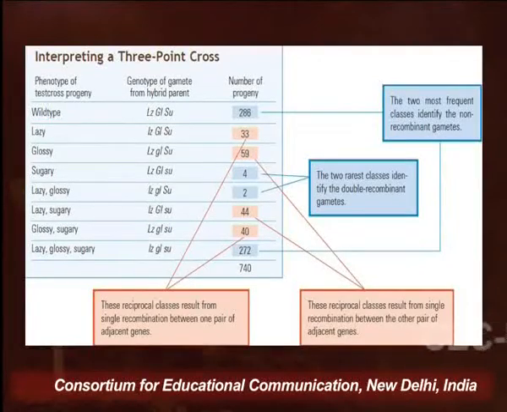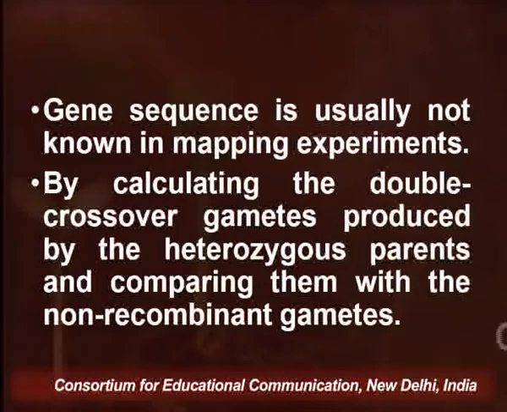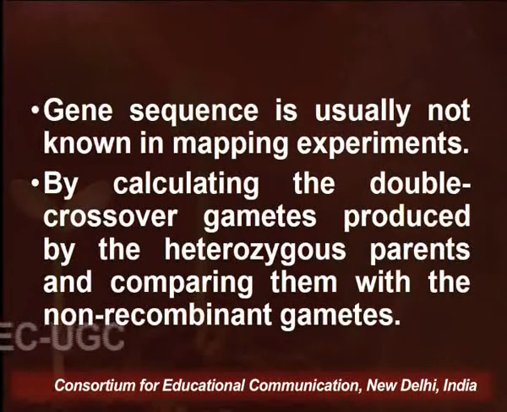If we look carefully on our screens, we try to interpret the data of a 3-point cross, and we find that there are several combinations, out of which we are interested in the ones which are 4 and 2. Now we will come to this figure a little later in detail.